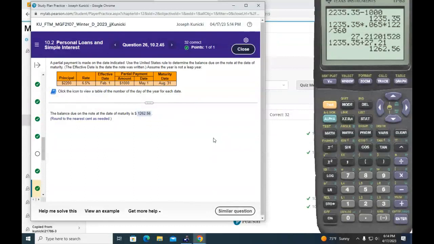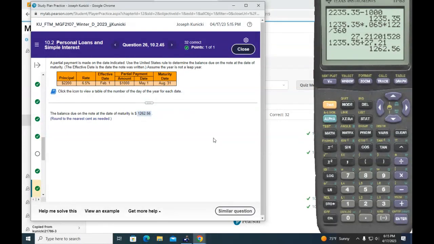Let me show you in a flow chart kind of idea. You could put subscript on it. You could say P1 times R times T1 equals I1, the first interest.